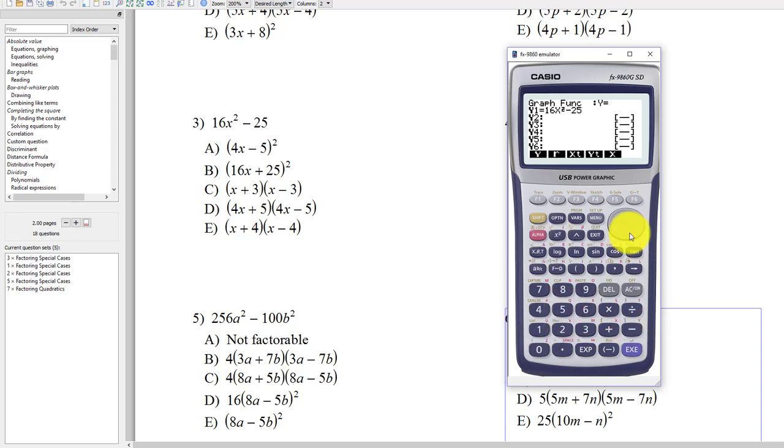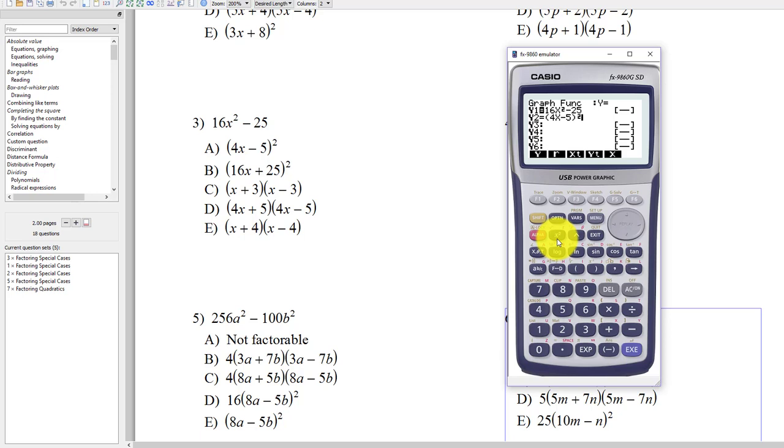And then for the other graph, type in one of the options that you're thinking is the correct answer. So I'll type in my 4x minus 5 squared. You're checking if A is the answer.